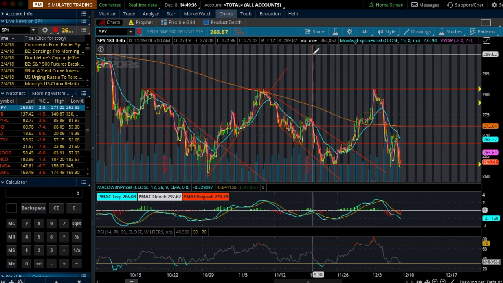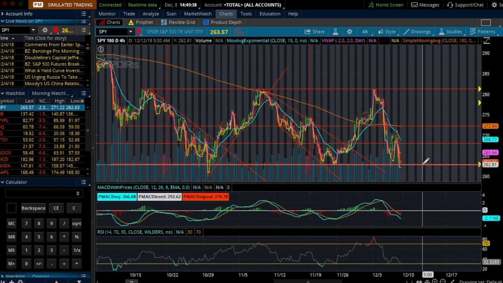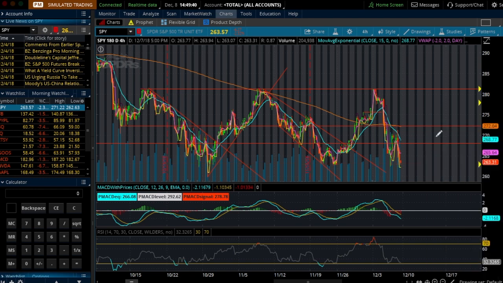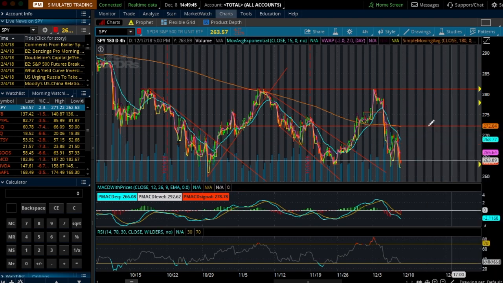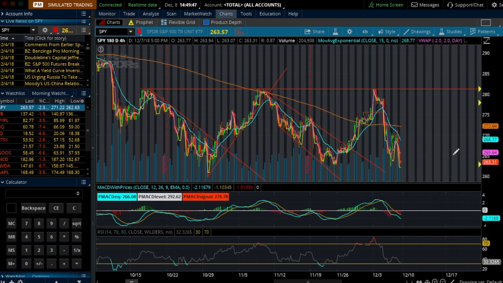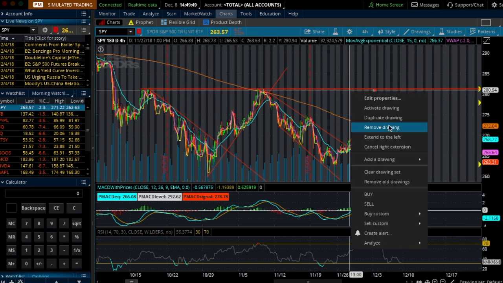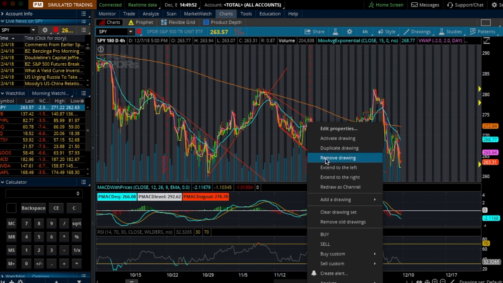So basically, I just want to delete all these lines actually to get started, so just bear with me. I always love to start off by looking at the SPY, the S&P 500. It gives me a general overview of where the market's going.